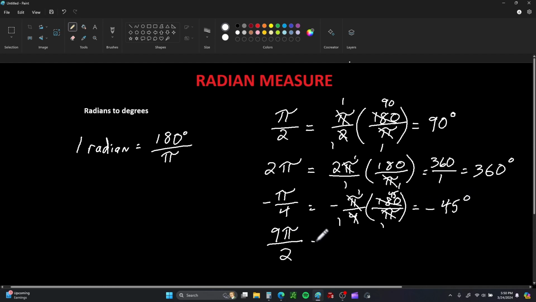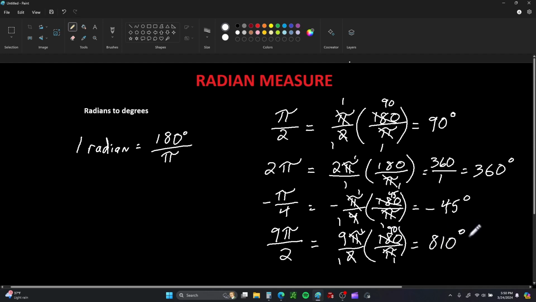And then this next one, we have 9 pi over 2. We're multiplying by 180 over pi. We simplify, pi goes into itself 1 and 1. 2 goes into itself once and into 180 90 times. And this one turns out, if you use a calculator, 9 times 9 is 81 plus the 0.